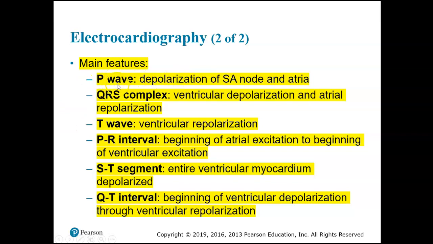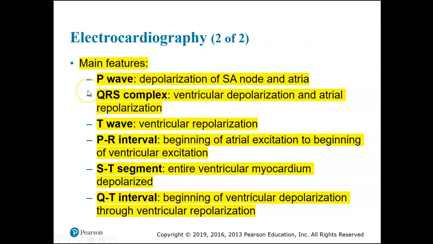So the P wave indicates depolarization of the SA node, and that indicates that just a split second later, the atria are going to contract. So it is prior to contraction of the atria.